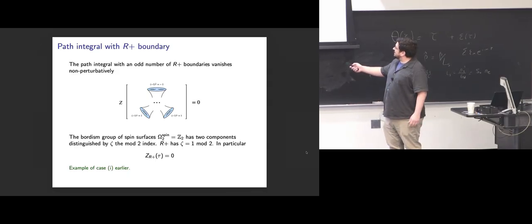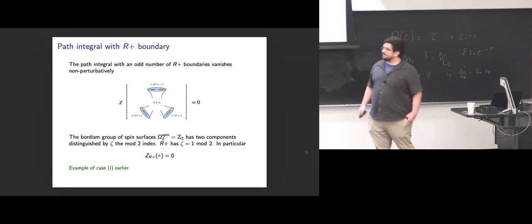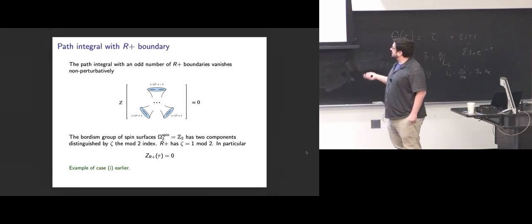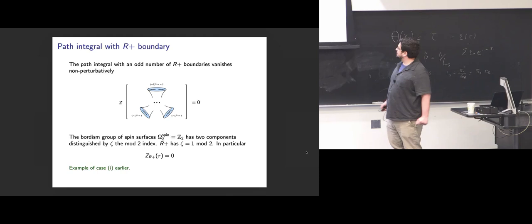R plus is a boundary that is in the non-trivial component of Omega 2 spin. These components are distinguished by a mod 2 index. It's also called the Arf invariant, and for R plus it is 1. And the trivial component should be 0.